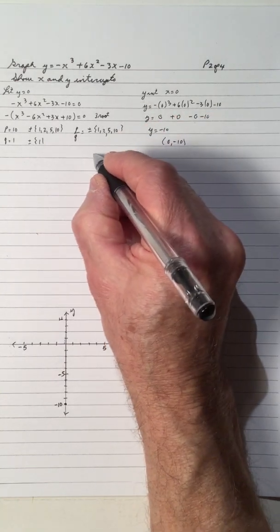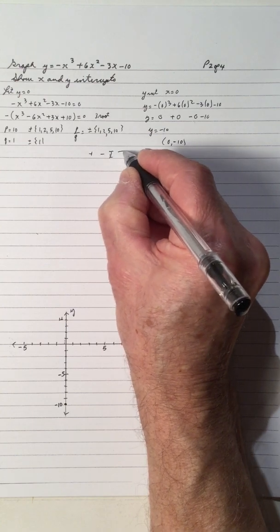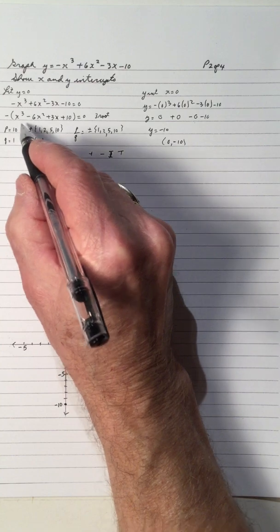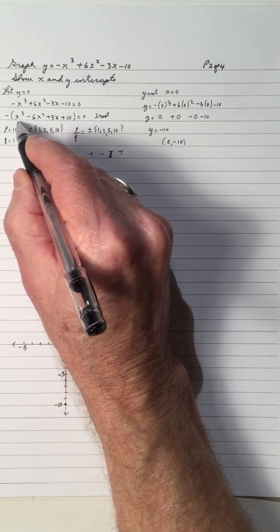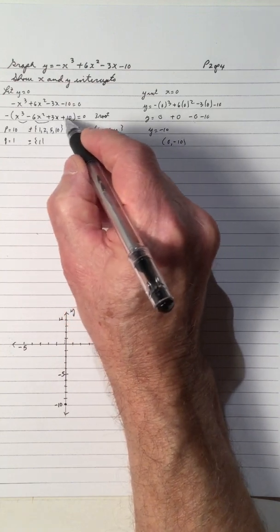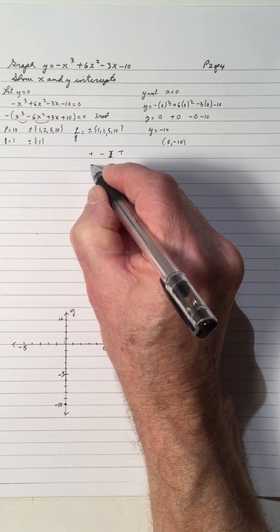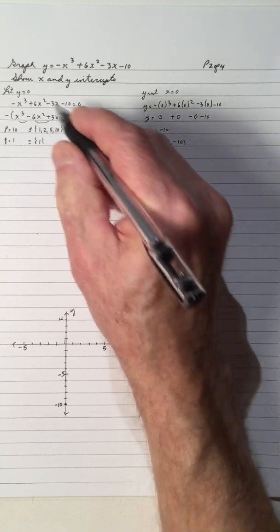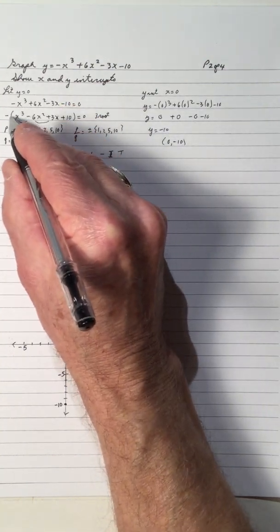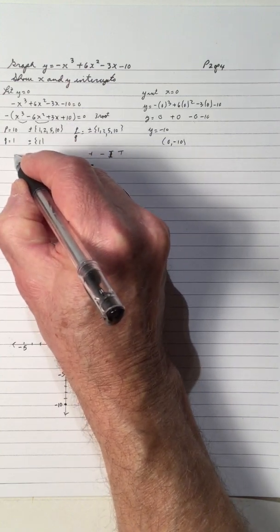We'll do the plus minus and the imaginaries just to make sure. Right here in this equation, never mind the minus out front, we got 1 change, 2 changes, and this is not a change, so we got 2 or 0 positives. If we put a negative here, I get a negative.